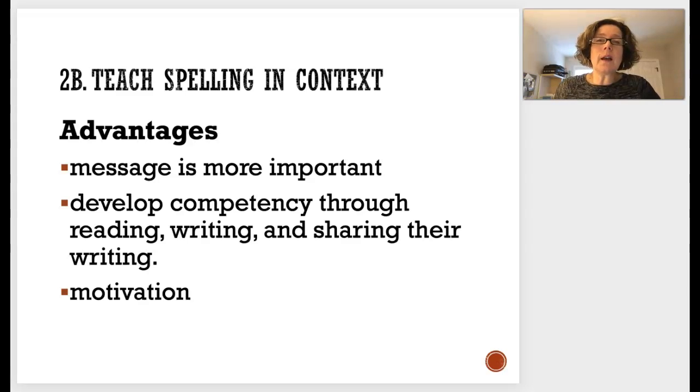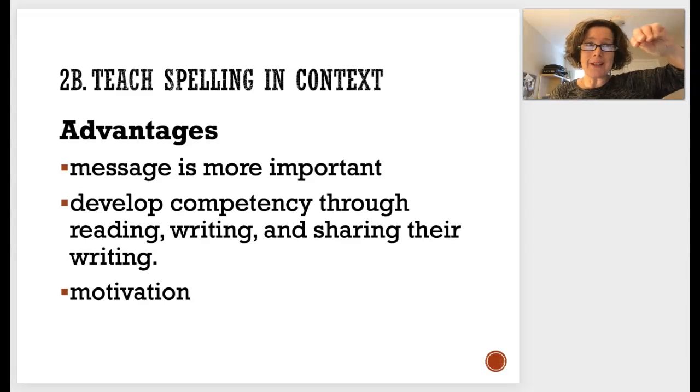So if you believe that we teach spelling in context, we believe that skills learned outside of context are rarely transferred into writing. So teachers have found that, even though we give traditional spelling tests and they've seen these words, when they go to actually use them in their writing, they A, don't know what they mean, and B, still can't spell them because they memorized them, and then we know what happens to memorization.